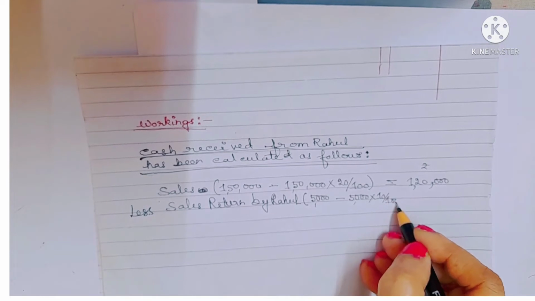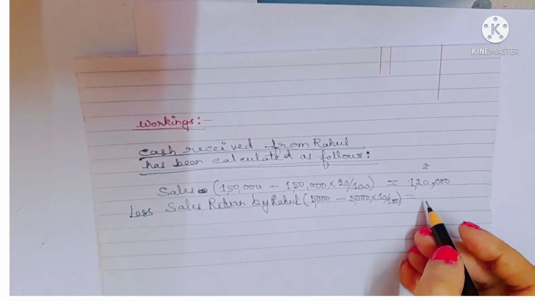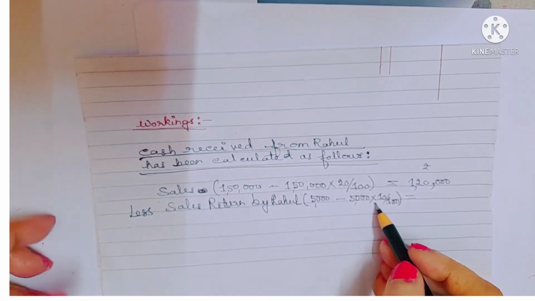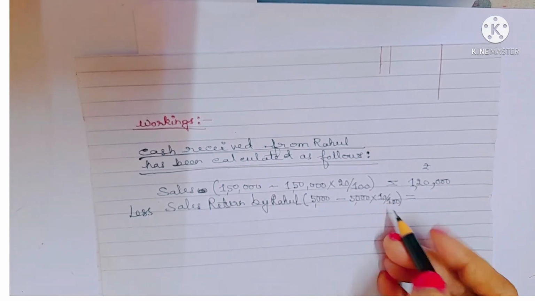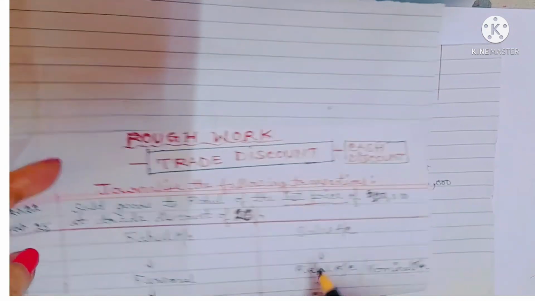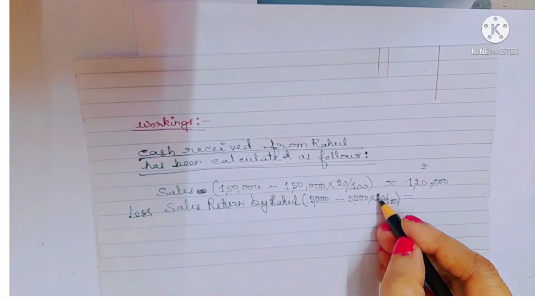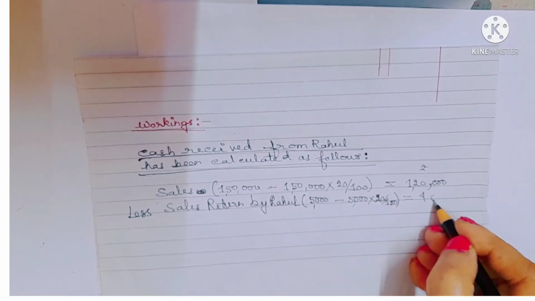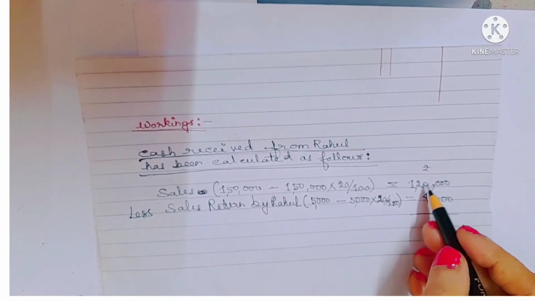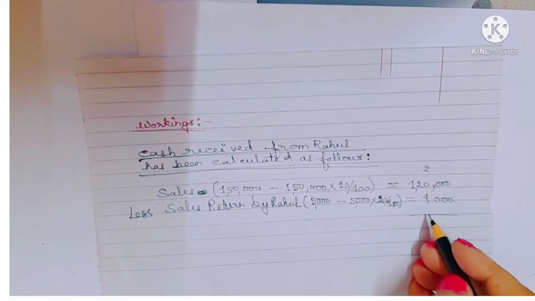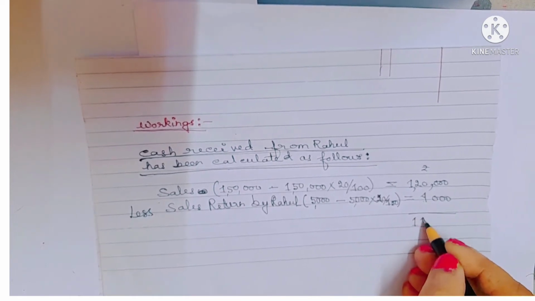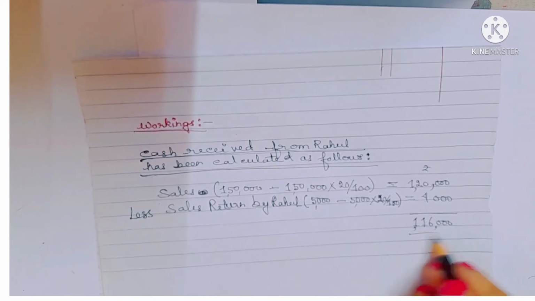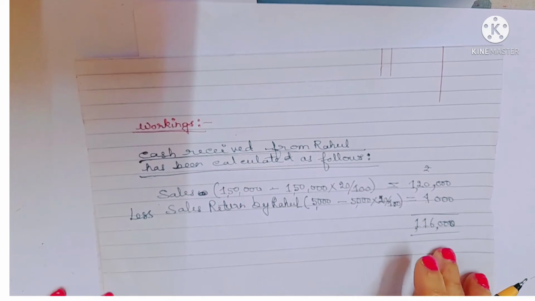Sorry, 20%. Trade discount was 20%. So it comes to 1,000. So 5,000 minus 1,000, 4,000. If you deduct 4,000 from 1,20,000, it comes to 1,16,000. Okay. So this is the amount due from Rahul.